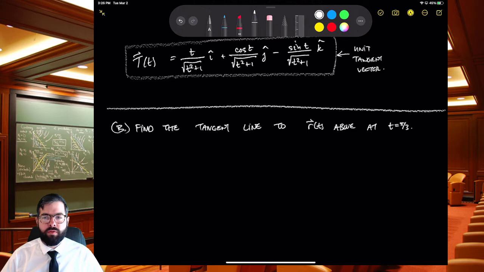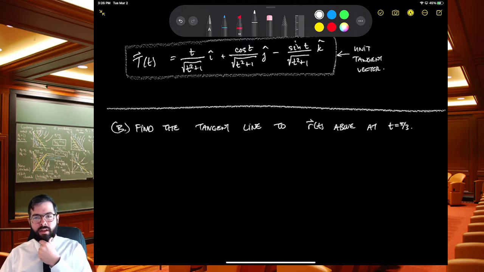Well, what do you need for a line? Two points would be great, or at least one point and some sort of slope or directionality in space. Slope kind of fuzzily gets mapped to direction in R3. So we need a point and the direction, or just two points, and then we can get the direction.